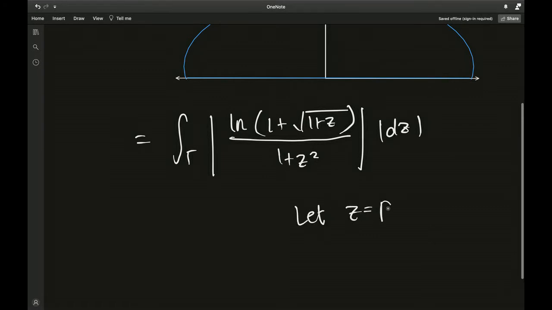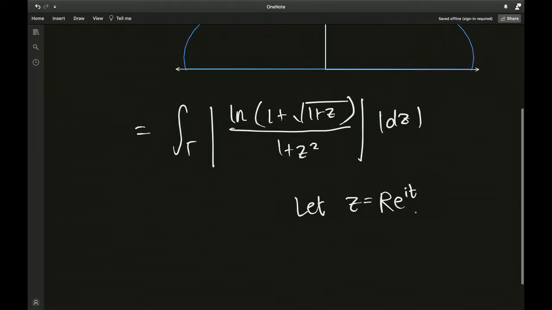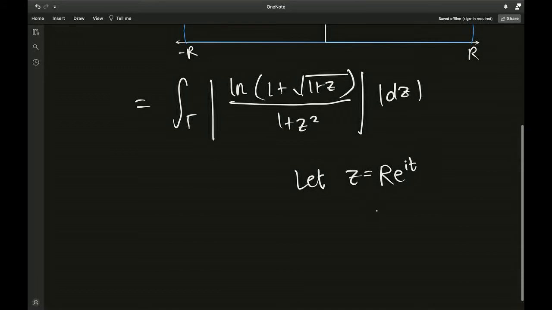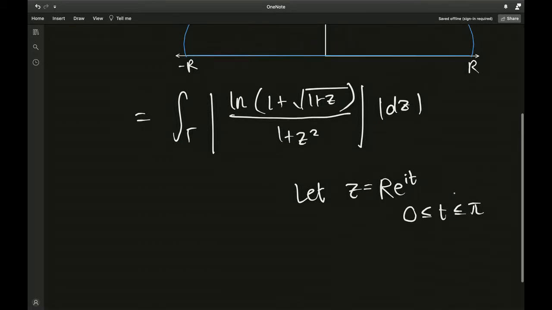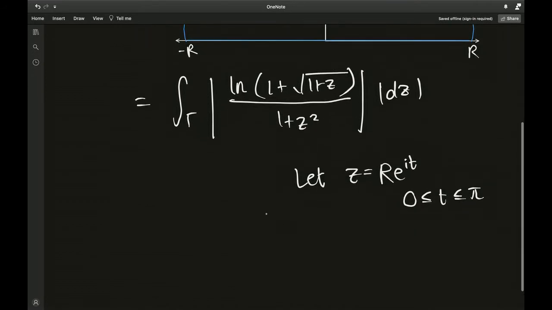Let z equal r times e to the it to parameterize this curving path. For rotations you need this e to the it part, and the radius is r, where t is basically going from 0 to pi to complete a top semicircle. That means dz is ri e to the it dt.